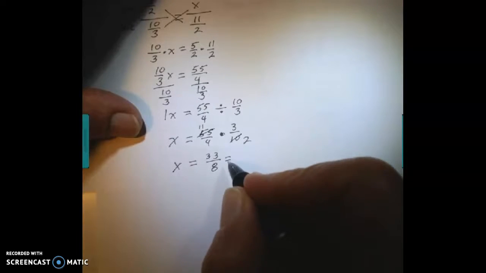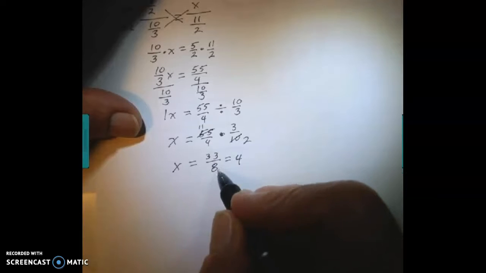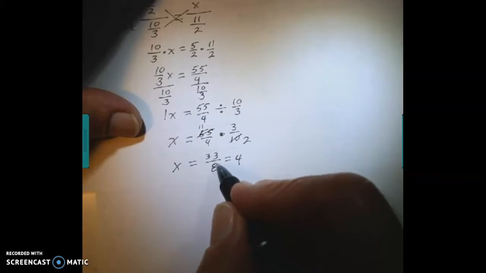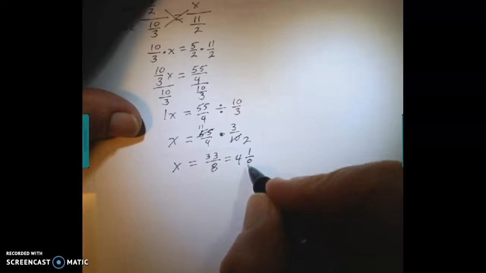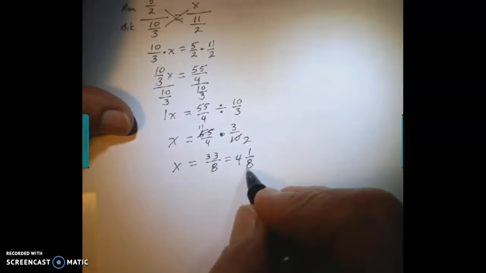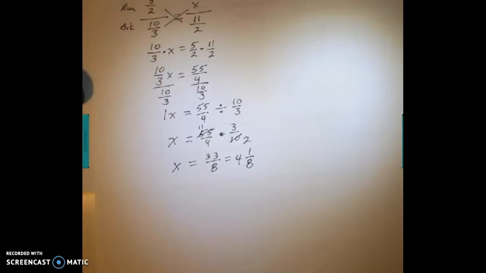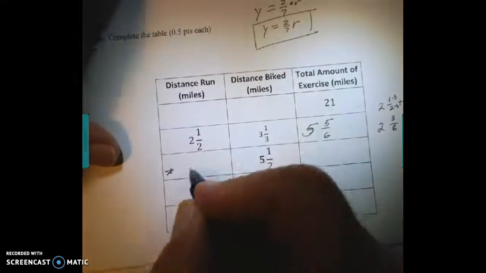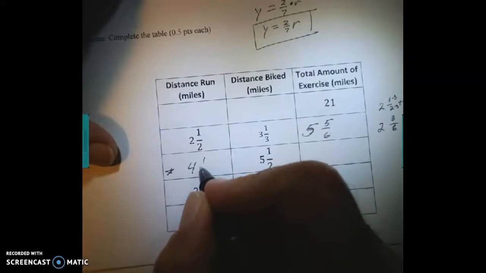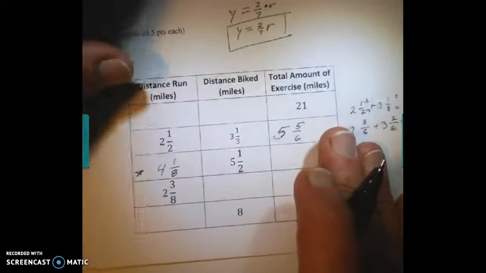So yes, it goes in 4 whole times. 32 from 33, we'd have 1 piece left over. That is 1/8 that is left over. So the answer in this box is 4 1/8. That is 4 1/8 right here.